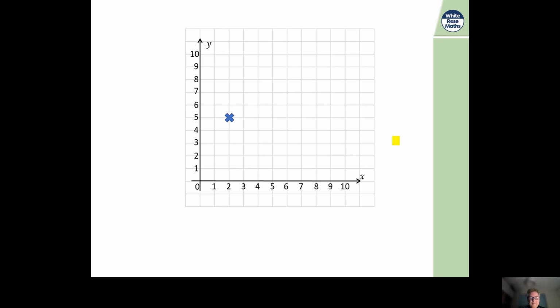Describe the movement. Across. Which direction though? Across to the right or left? Have a look. It's the right. What happens next? Another movement. This time it was up.